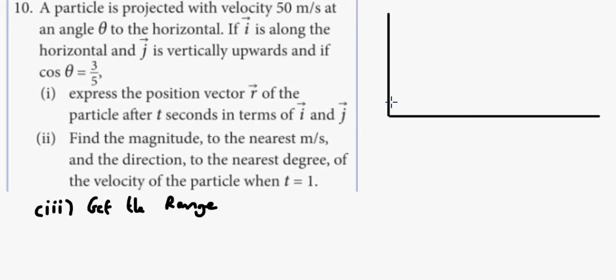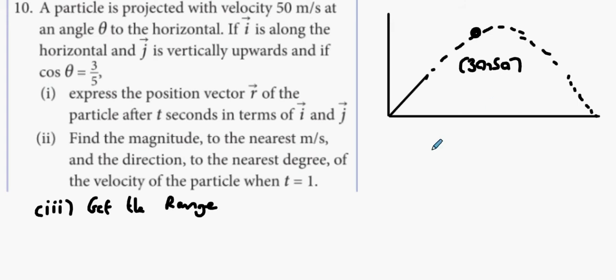For argument's sake, imagine that you throw it here, and at one point on your journey, I'm just going to make up a number randomly. Let's say it's 30 and 50. What does that mean? 30 meters across and 50 meters up.